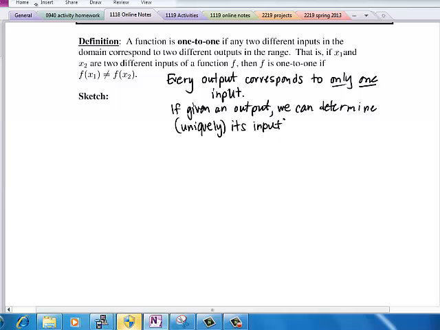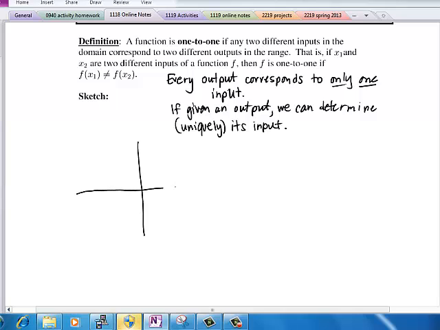So, it's different from just being a function. For a function, every input has only one output. So given an input, we know its output. This is kind of the opposite. So given an output, we know its input, and there's only one input that goes with it.